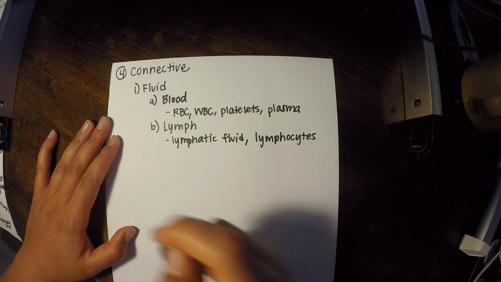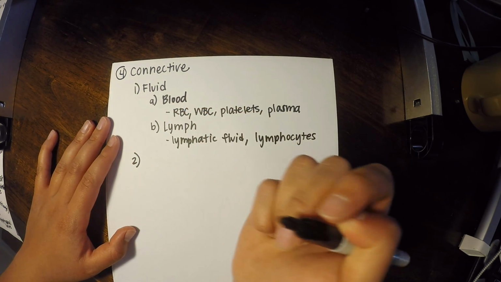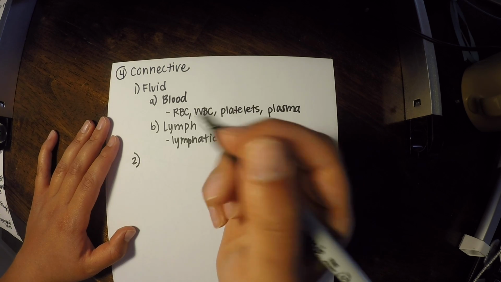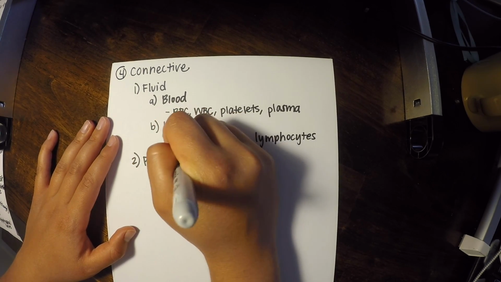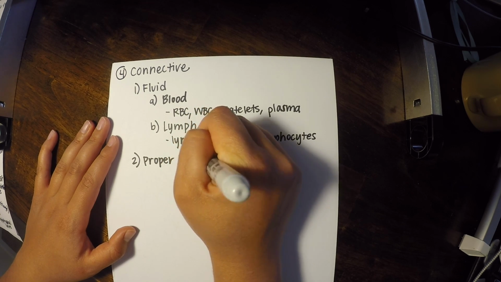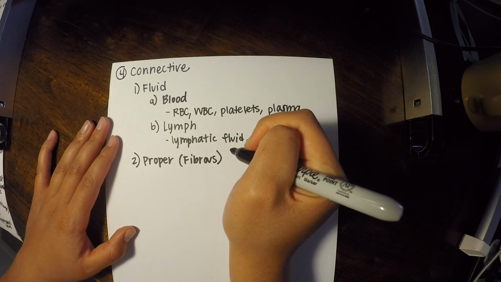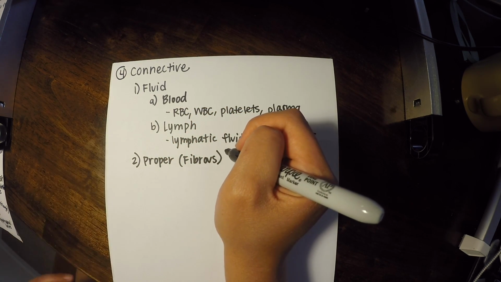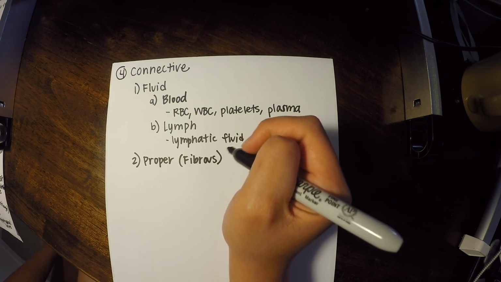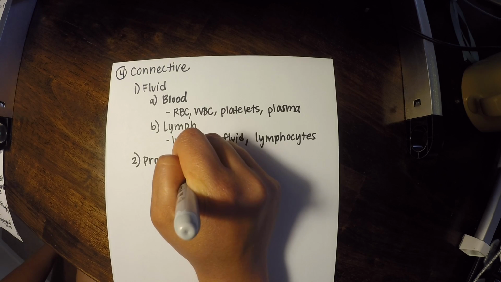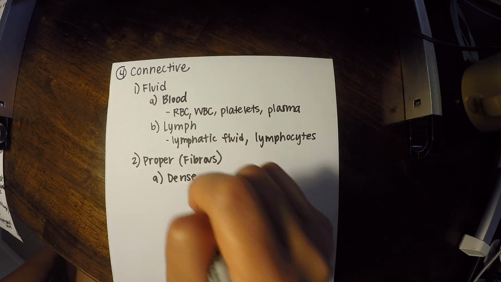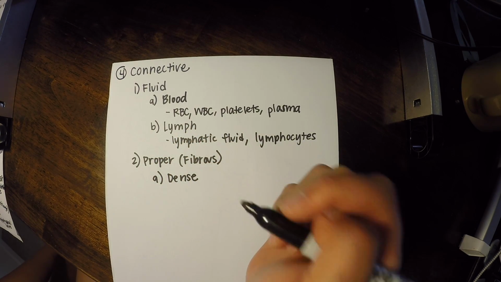Now we're going to move on to the second. The second type is called proper or fibrous connective tissue. All right, so within that, we're going to have dense proper fibrous connective tissue as our first type.